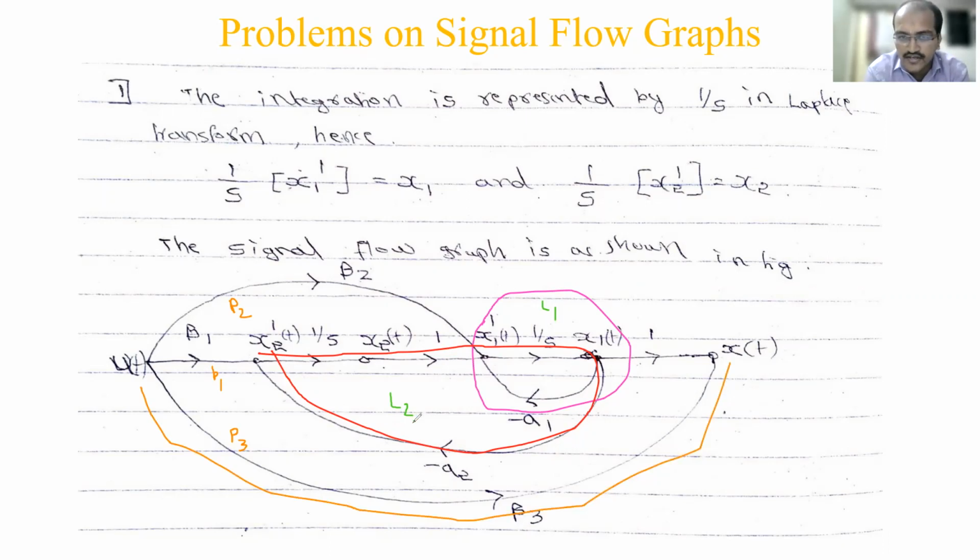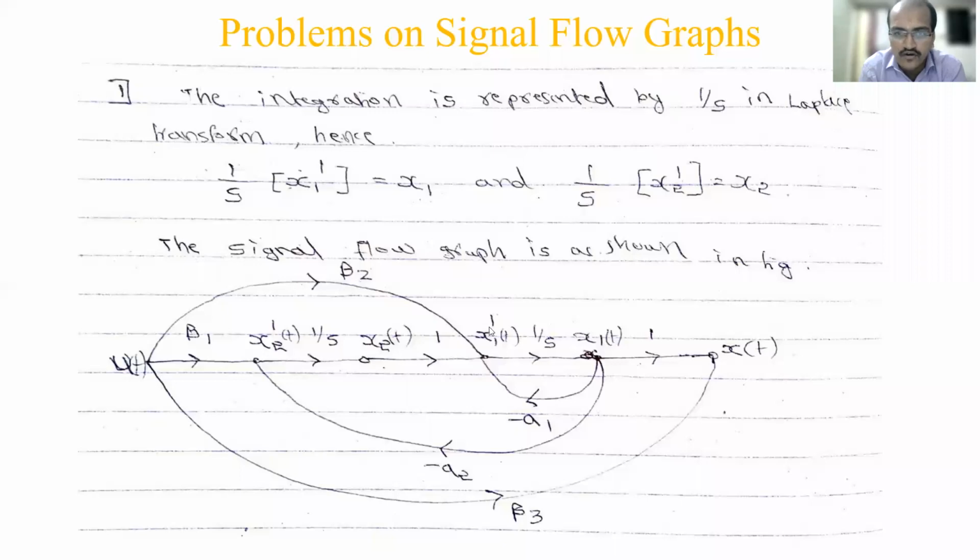So that's why you can consider delta 3 value as 1 minus L1 minus L2, or if we group it, 1 minus the group of L1 plus L2. Okay. So path 3 is not touching both the loops.